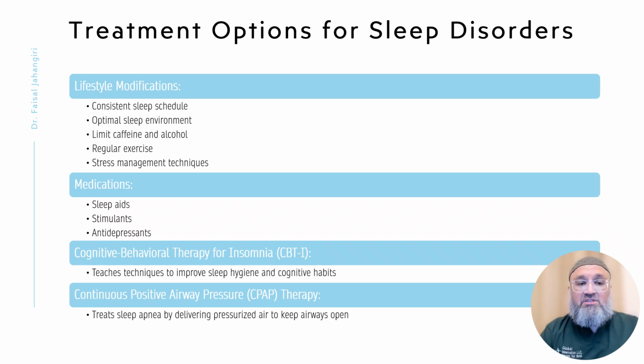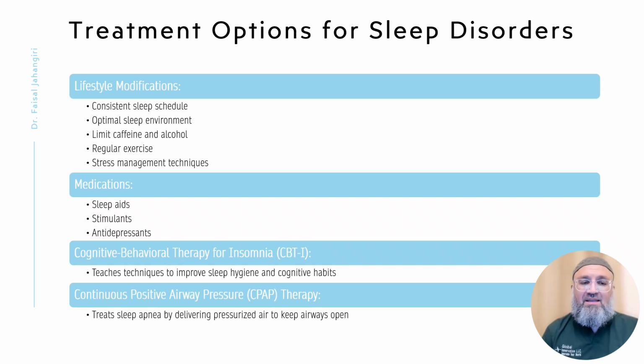The most common lifestyle modifications are a consistent sleep schedule, going to bed at the same time and waking up at the same time; an optimal sleep environment with good temperature, light, sound, bed, and clothes; limiting caffeine and alcohol before going to bed or in the daytime; regular exercise; and stress management techniques.